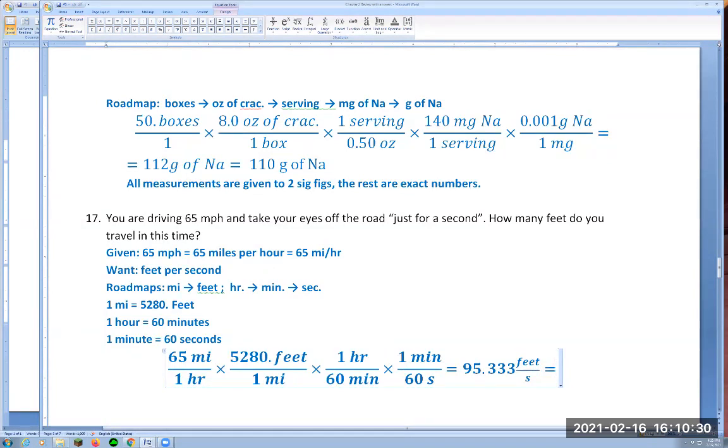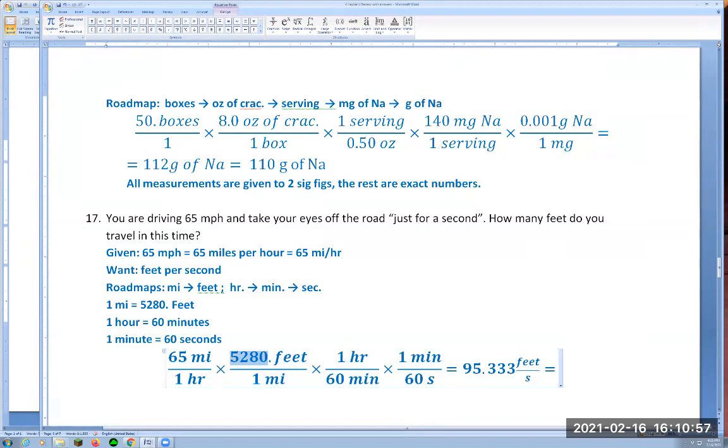So 1 minute is exactly 60 seconds. That's by definition. By definition, 1 hour is 60 minutes. That's also by definition. So all of these are exact numbers. 1 mile by definition is equal to 5,280 feet, and that's measured. So the 1 mile is exact, but the feet are measured. So we have 4 sig figs there.